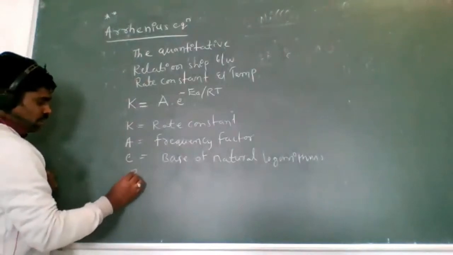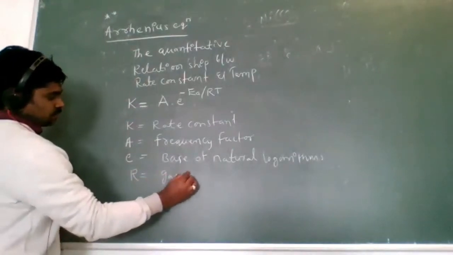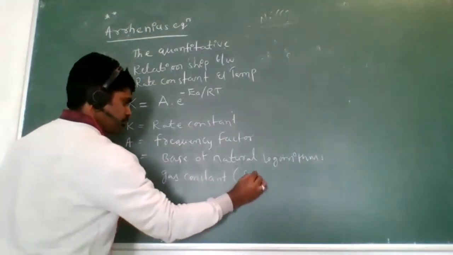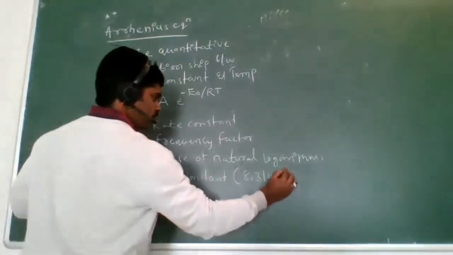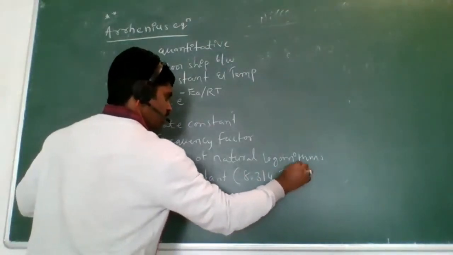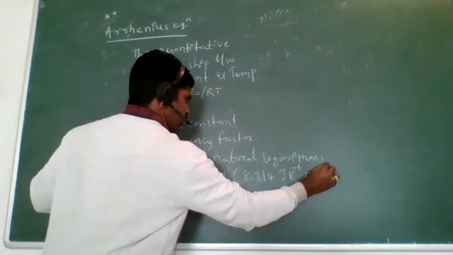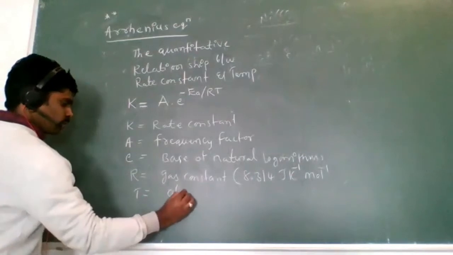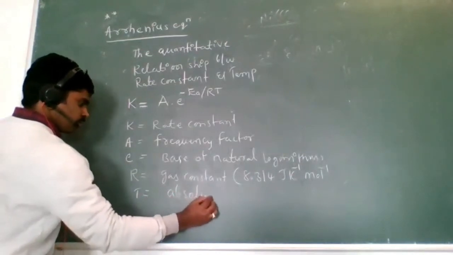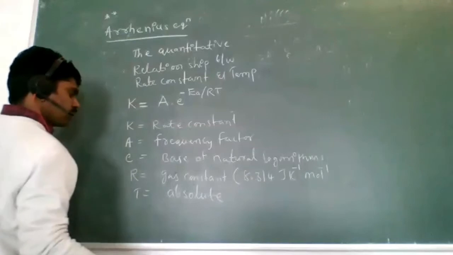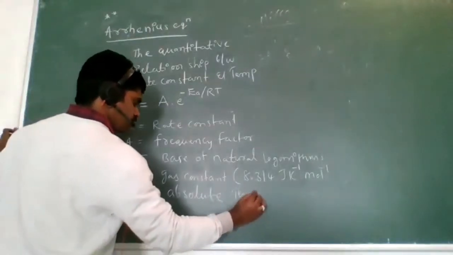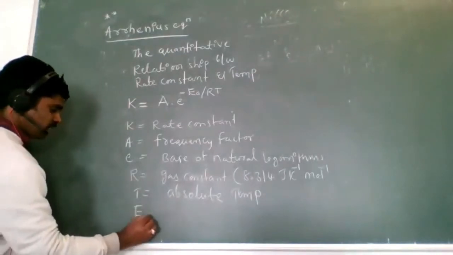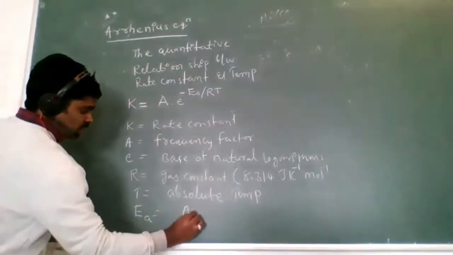Next one, R is the gas constant, that is 8.314 joule Kelvin inverse mole inverse. Next one, T is the absolute temperature. Now Ea is the activation energy.